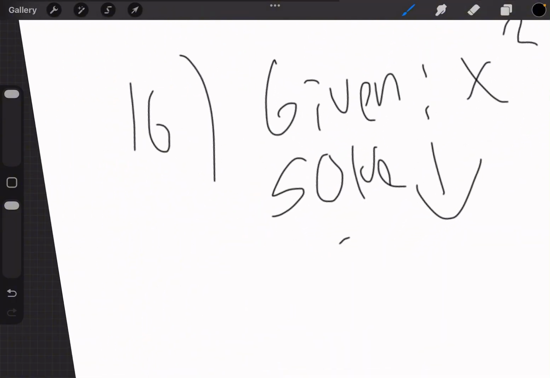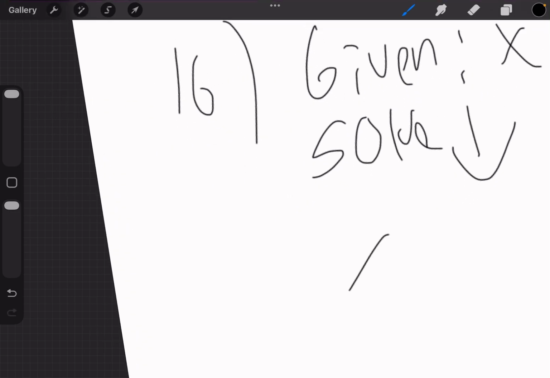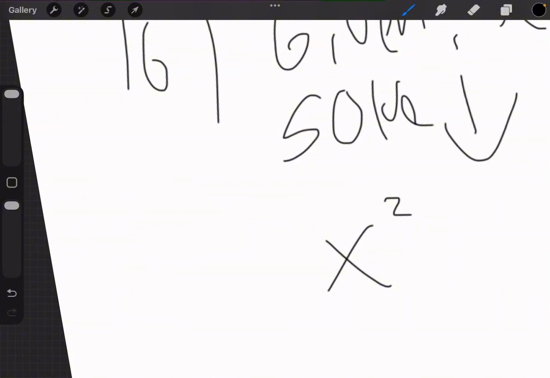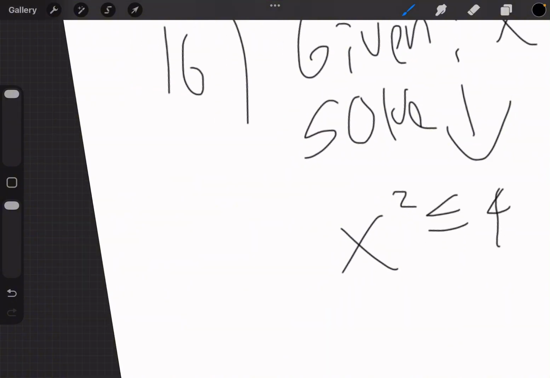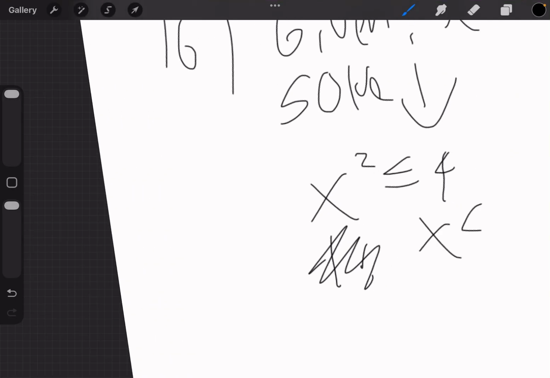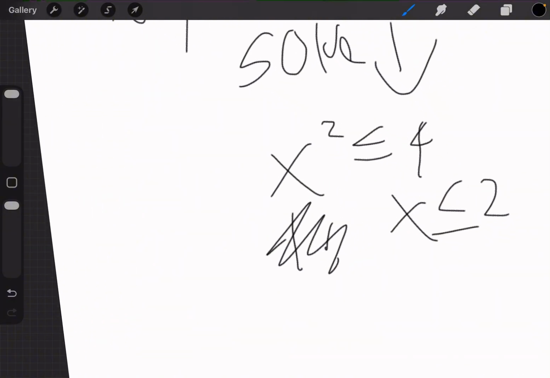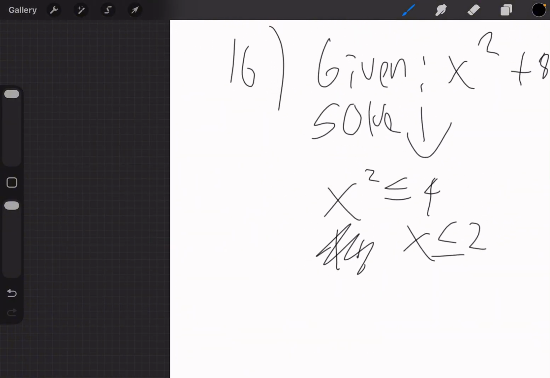So x squared is 4, and then I divide it, so it's x is 2, and then I have to prove x is 2 by contradiction.